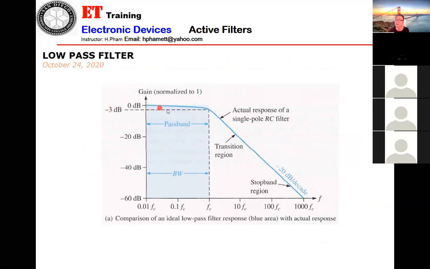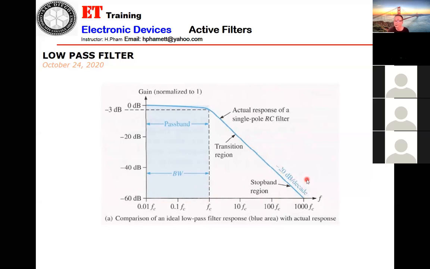Minus 3 dB here going down, this is the cutoff, and the bandwidth of the low pass filter will be 0 to FC. After the cutoff, the gain goes down at a speed of so many dB per decade. In this case, minus 20 dB per decade.